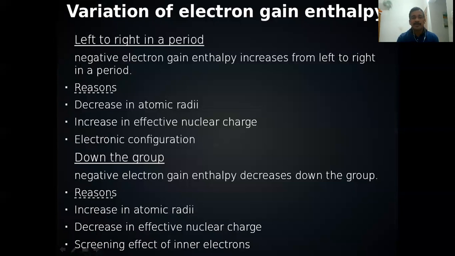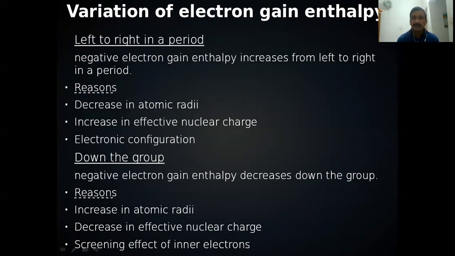Now the variation of electron gain enthalpy from left to right in a period. Electron gain enthalpy depends on the atomic size. As the atomic size decreases, the attraction from the nucleus will increase. As the attraction increases, the addition of an electron to the atom will become easier.